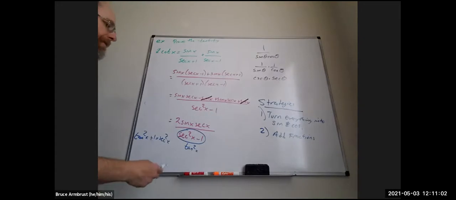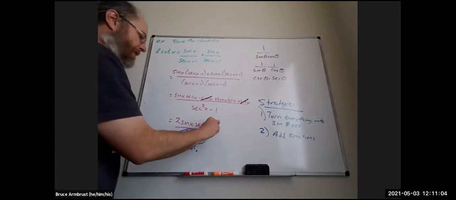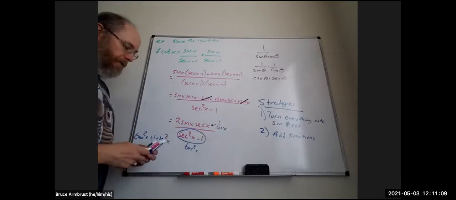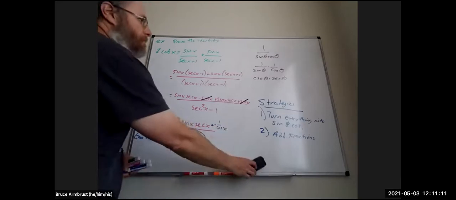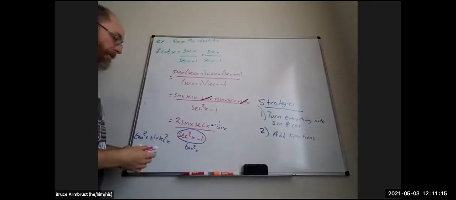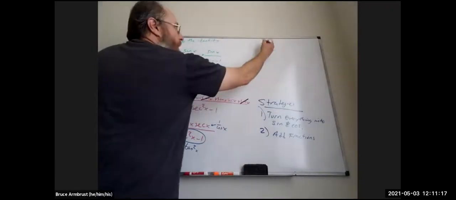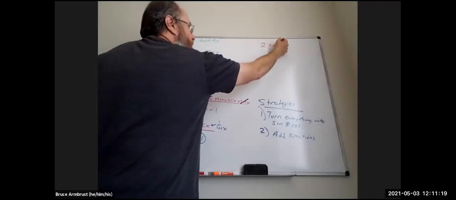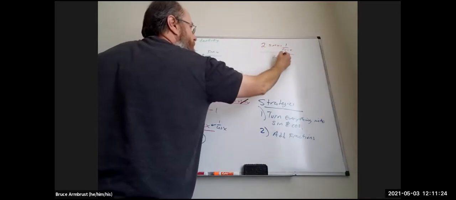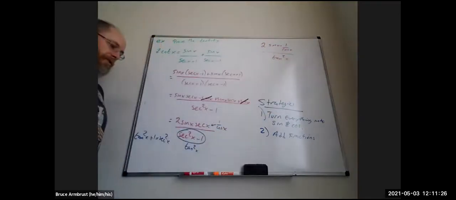And then the other thing I'm going to do is I'm going to change that secant back into a 1 over cosine. So let's look and see where we are once we do that. So we now have 2 sine of x times 1 over cosine of x over tangent squared.